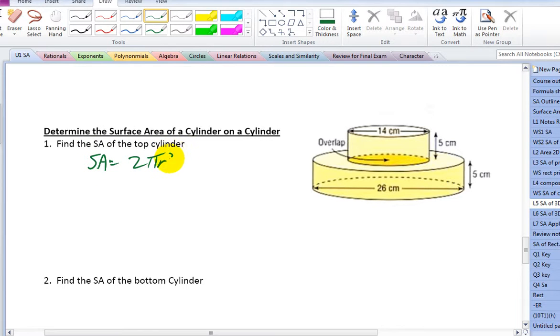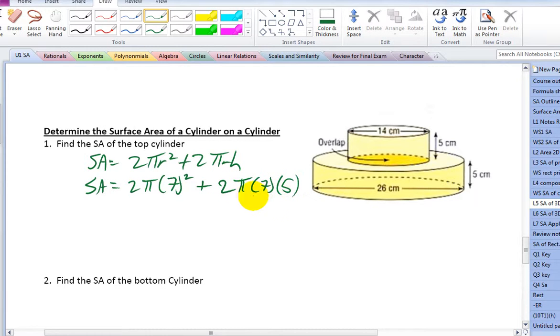2 pi r squared plus 2 pi r h. So this is the top one. What's the radius of the top? 7. Okay. 7 squared is 49 times 2, 98 pi.